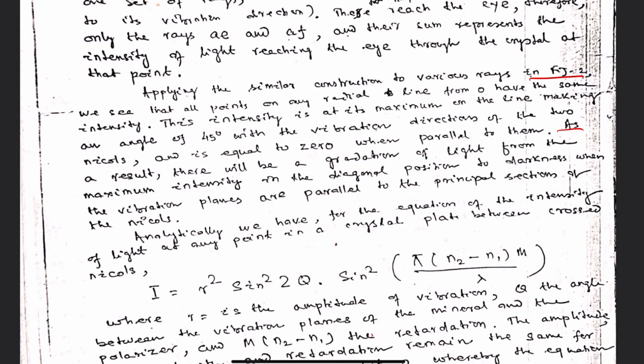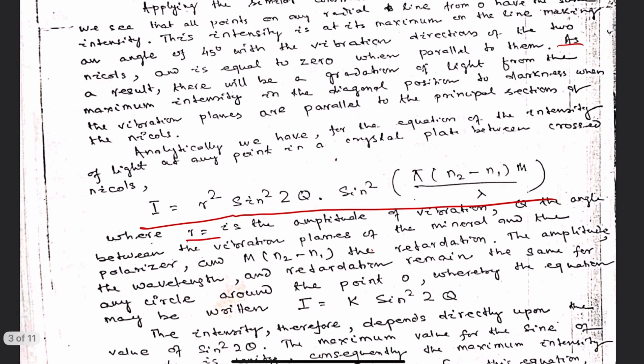Analytically, the intensity of light at any point in a crystal plate between the crossed nicols is given by this formula: I equals r squared sin squared 2 theta sin squared pi (n2 minus n1) m by lambda, where r is the amplitude of vibration.